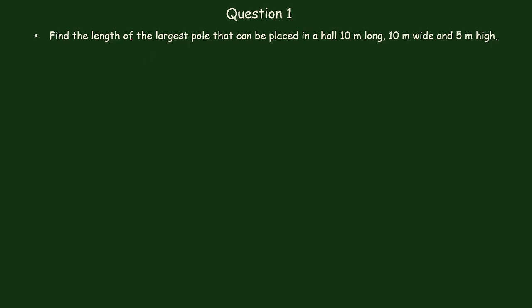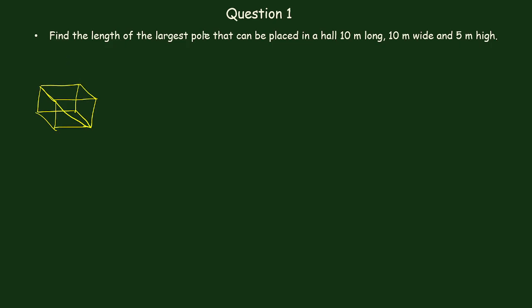Okay, so the first question is saying, find the length of the largest pole that can be placed in a hall 10-meter long, 10-meter wide and 5-meter height. So suppose this is a cube, and the largest possible line is the diagonal.